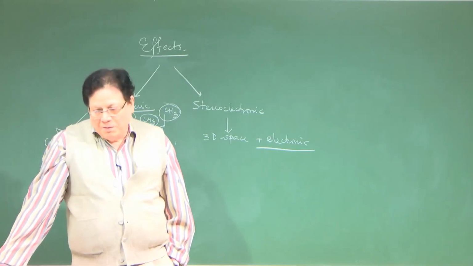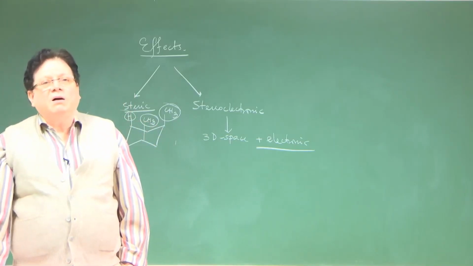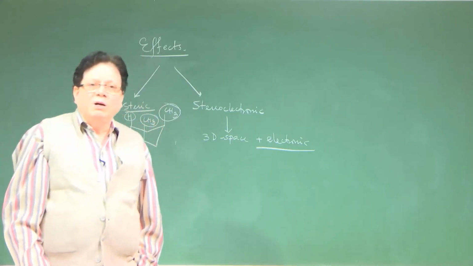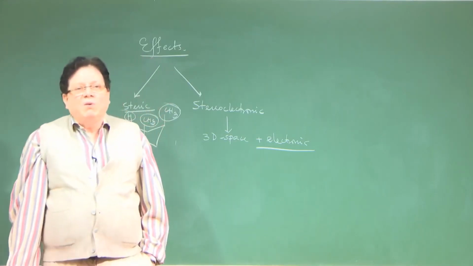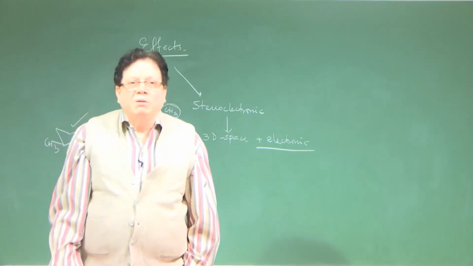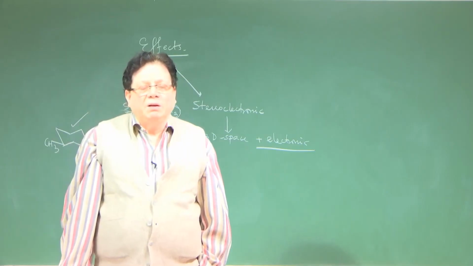So, the definition is basically that the stereoelectronic effect is the effect operating between the orbitals, which could be bonding orbitals, or bonding and non-bonding orbitals, and the molecule tries to adopt a conformation where the electronic repulsion becomes minimum and the molecule takes up a stable conformation.